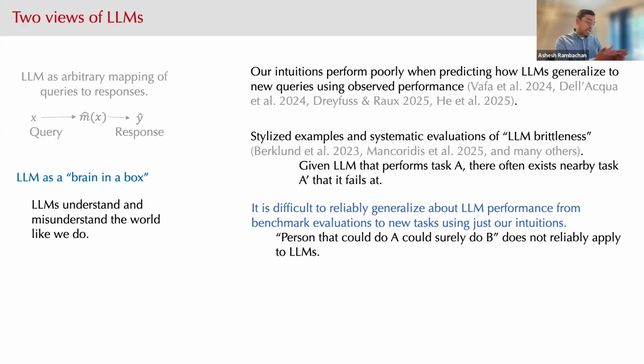There's a related line of work in CS that talks about the brittleness of large language models, that you can often adversarially construct tasks that look similar to A but that they will fail on. One of the earliest versions of this that people might know is a really nice paper on what's called the reversal curse, which is a very specific example that has since been generalized. Thank you.